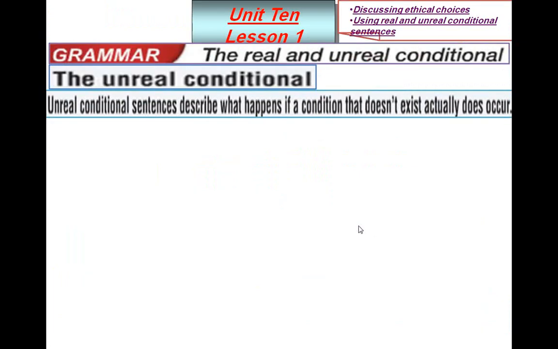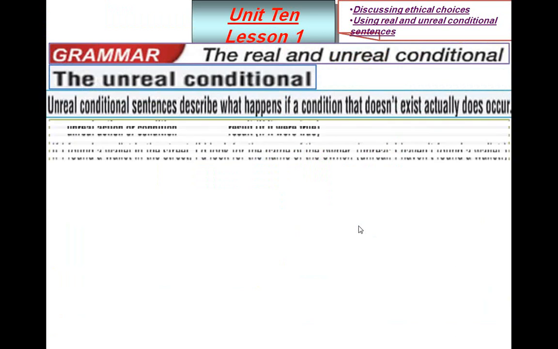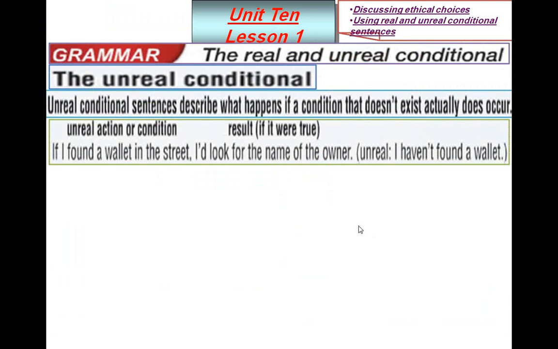On the other side, we have the second form that's called unreal conditional. Unreal conditional sentences describe what happens if a condition that doesn't exist actually does occur. Example, if I found a wallet in the street, I'd look for the name of the owner.